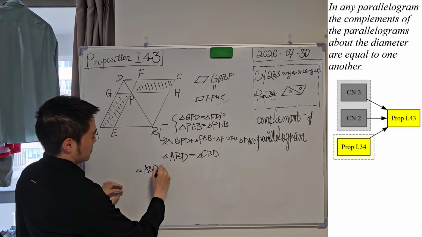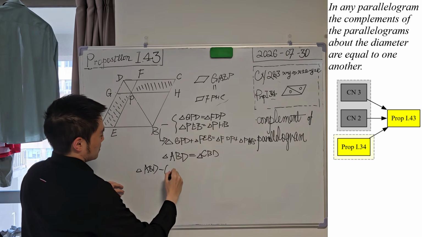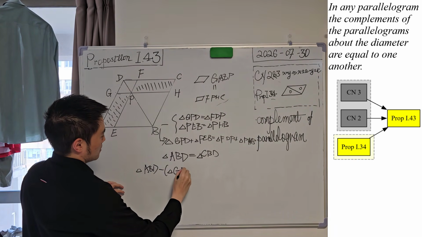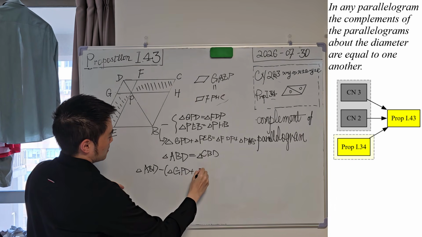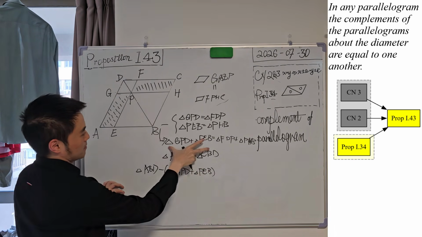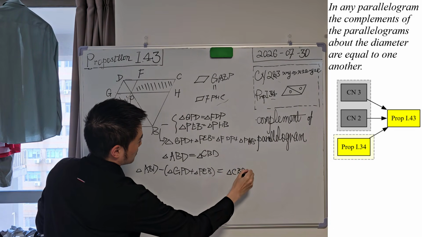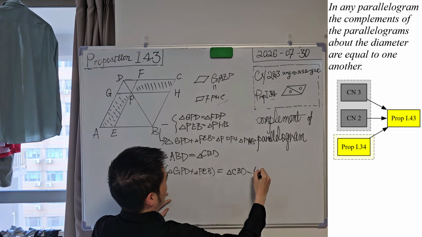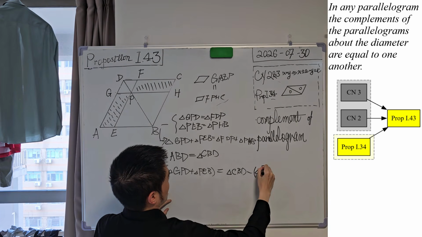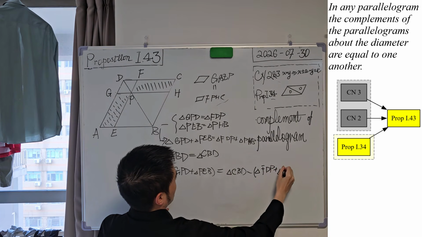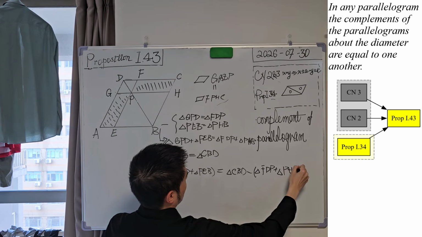ABD minus this will be equal to CBD minus this, right?